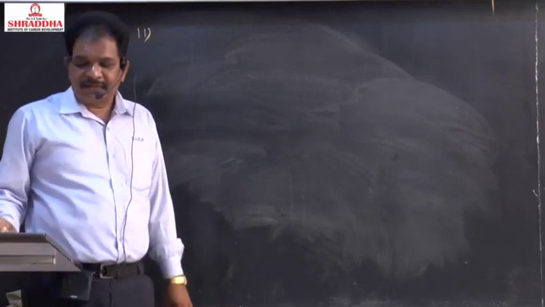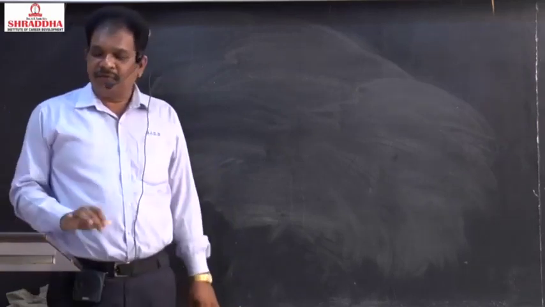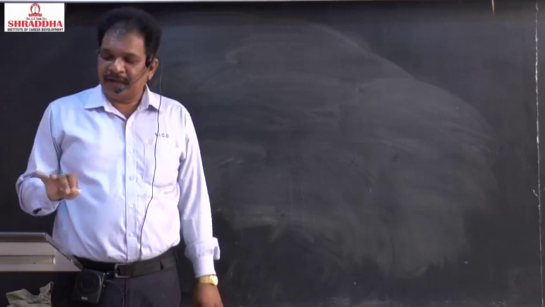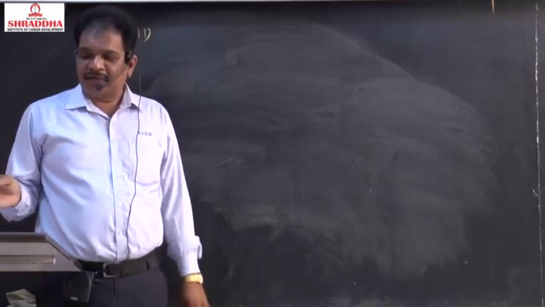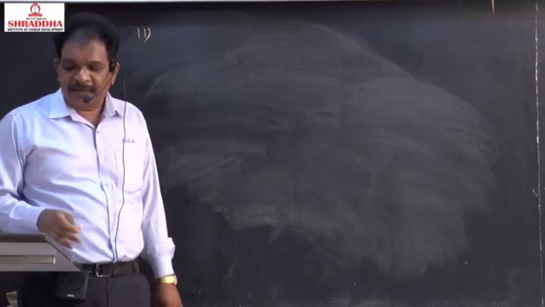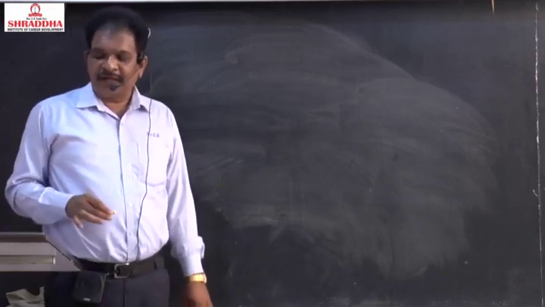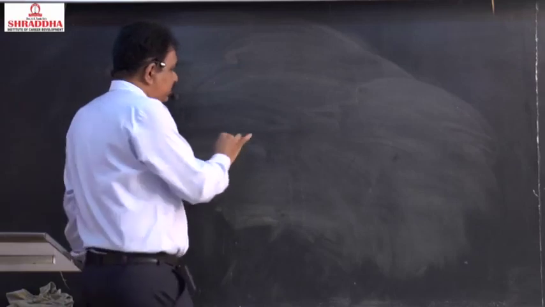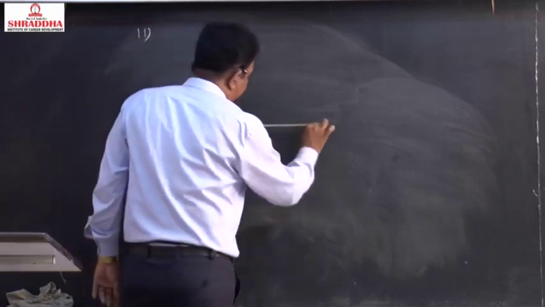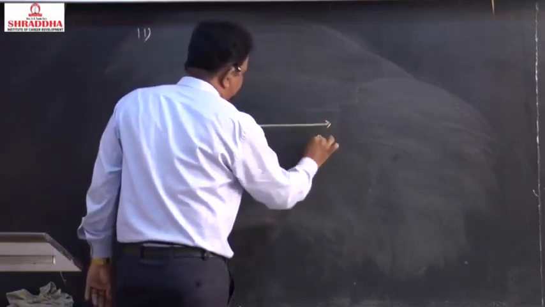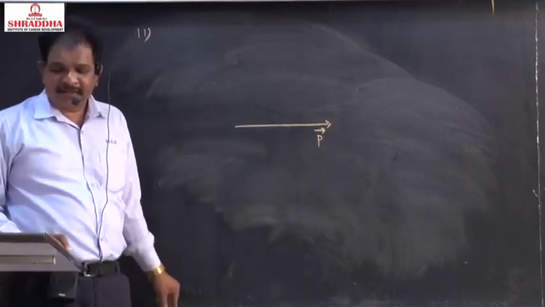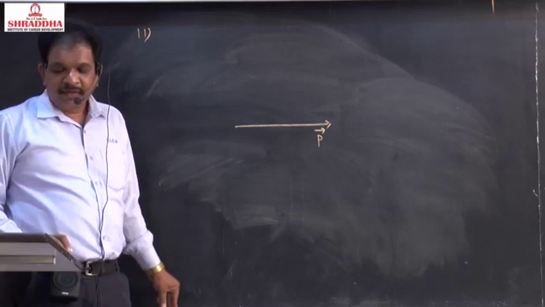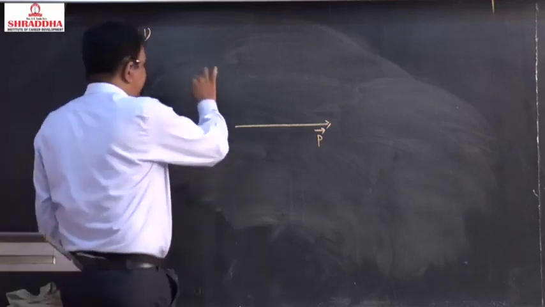See, vector q bar has a magnitude 8. This vector is added to the vector p bar which lies along the x-axis. So p bar is along the x-axis, that we can understand, and q bar is added to it.